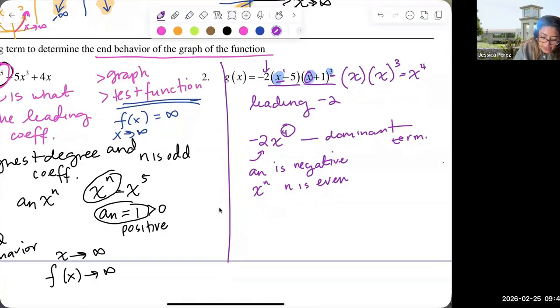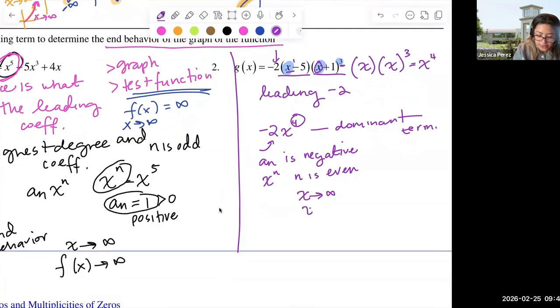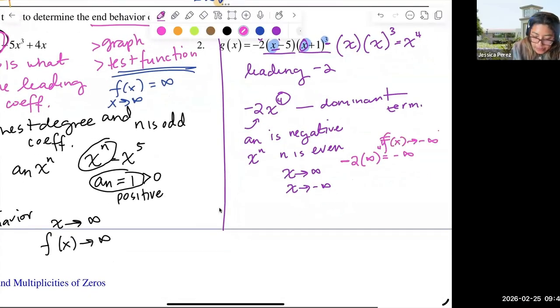So what happens as x approaches infinity? And what happens as x goes to -infinity? So first, as x approaches infinity, what will happen? -2 times infinity to the fourth power, but I have a negative in here. This is going to go to -infinity. So this function, f of x, will go to -infinity.